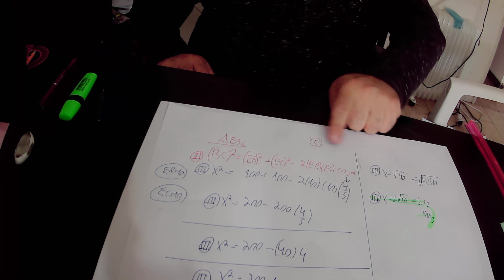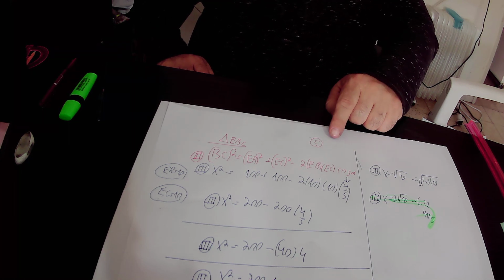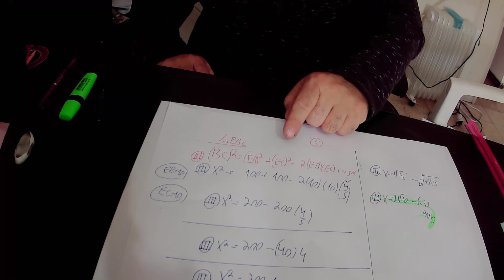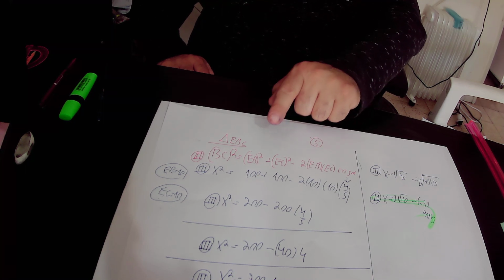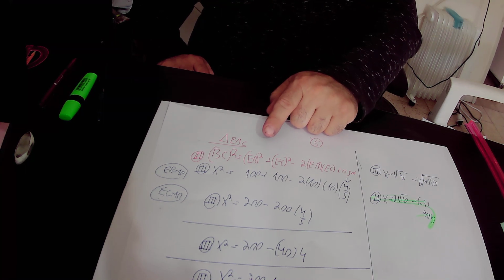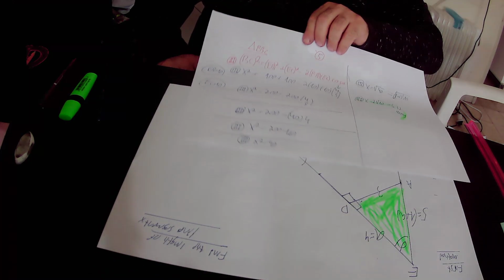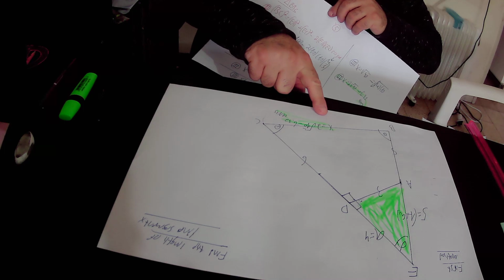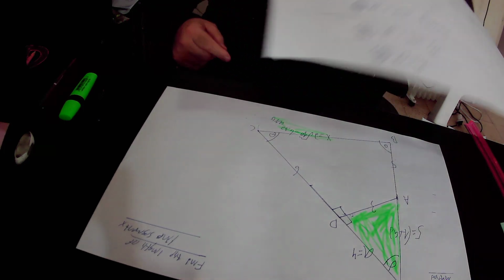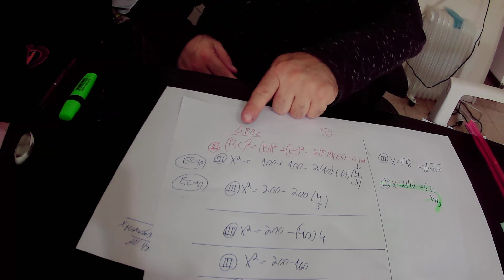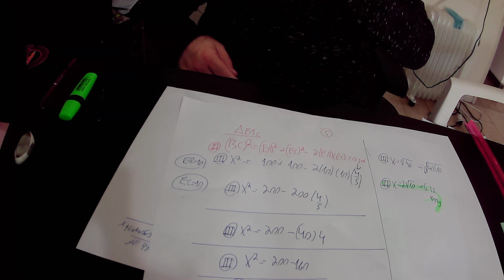EB equals 10, EC equals 10. EC squared is 10 squared, that is 100. EB squared is also 10 squared, that is also 100. And BC equals x, according to what is given in the question, so BC squared is x squared. We substituted BC squared by x squared.